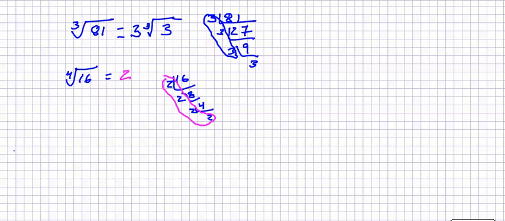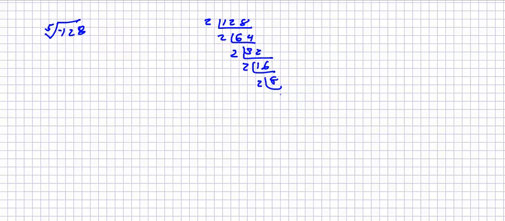2 more examples. The 5th root of negative 128, I'm sorry. Now, I'm going to ignore this negative sign for a minute. So we have 128, 2 and 64, 2 and 32, 2 and 16, 2 and 8, 2 and 4, 2 and 2.